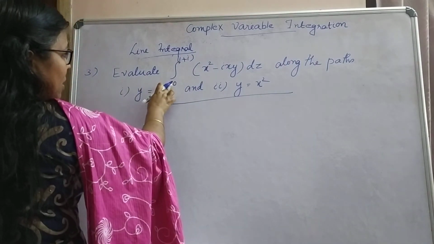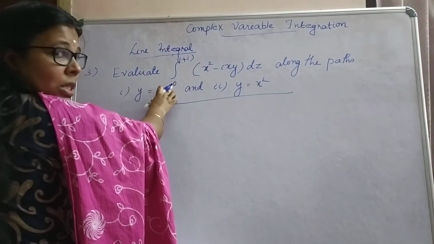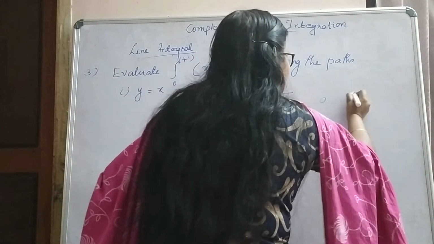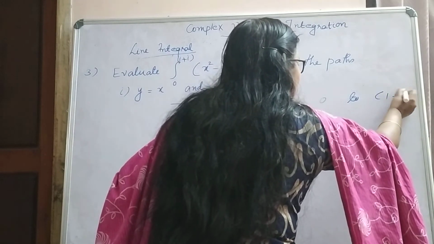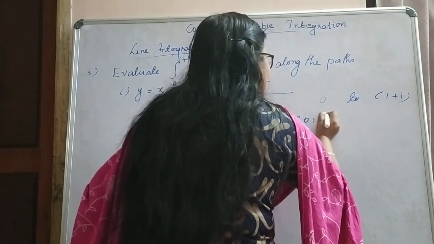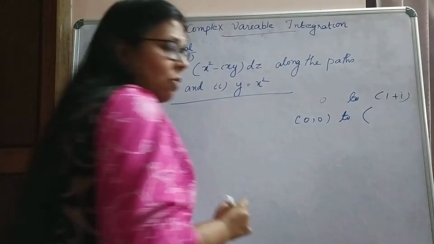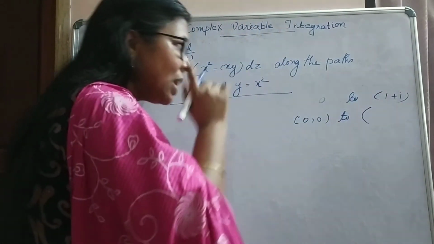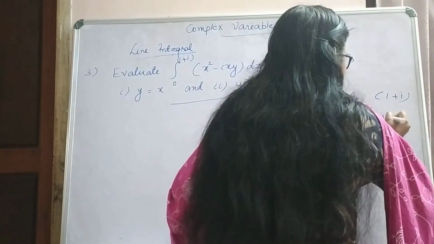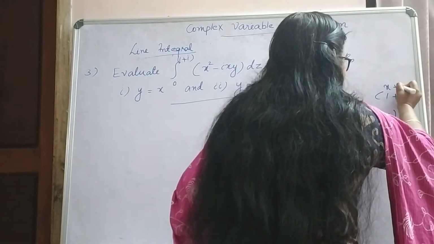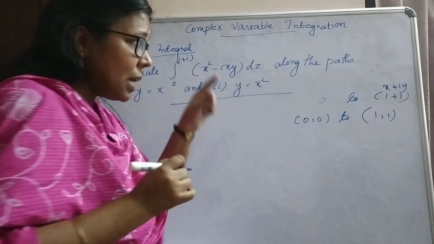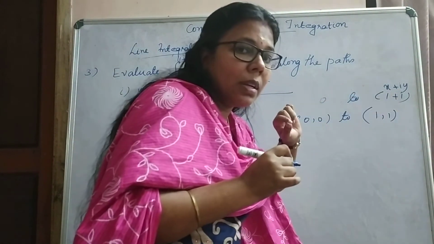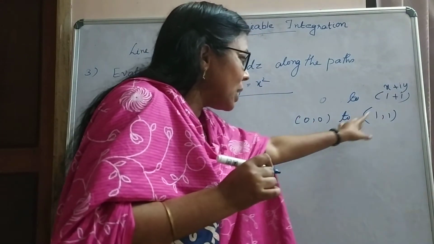Here the limit varies from 0 to 1 plus i, which means x is 1 and y is 1, the point 1, 1. This 1 plus i is of the form x plus iy, where x equal to 1 and y equal to 1. Therefore, 0 to 1, 1.